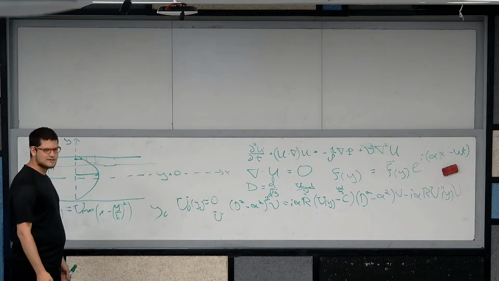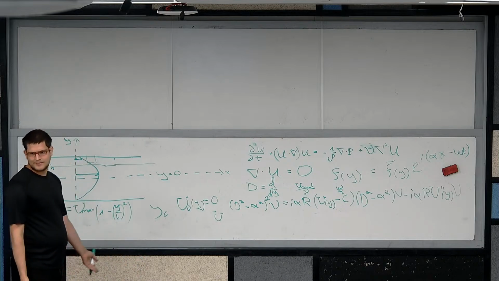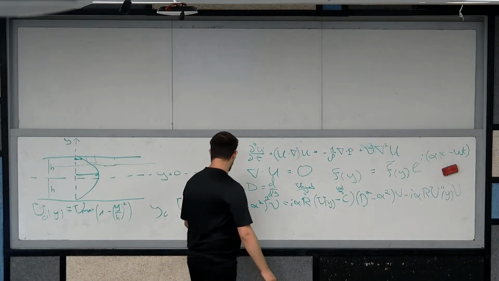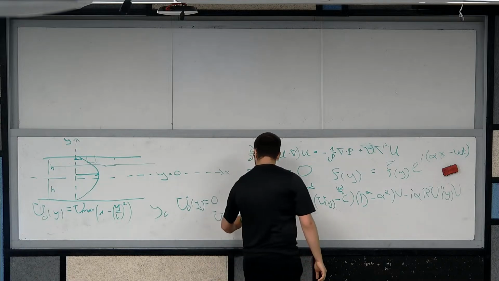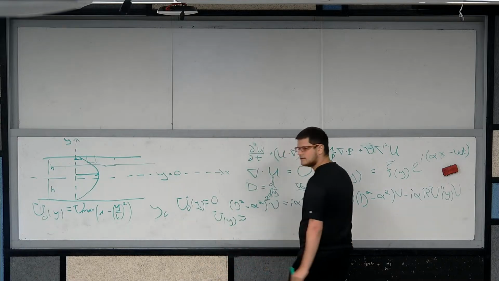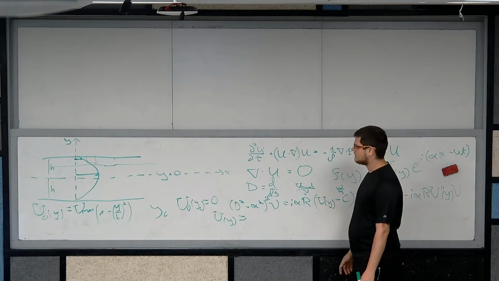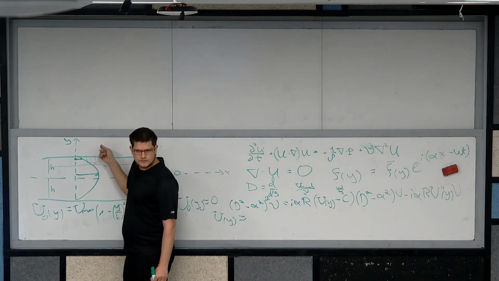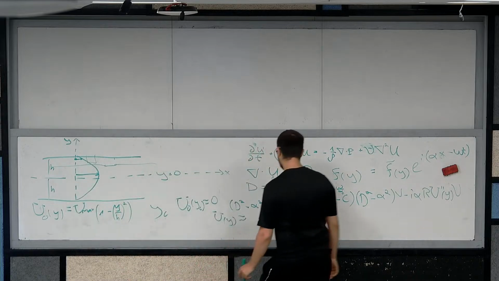It's a little bit funny because it's a parabola, so we all know how it will look. But let's say y, and we develop it around yc. yc is just an arbitrary point near the edge.